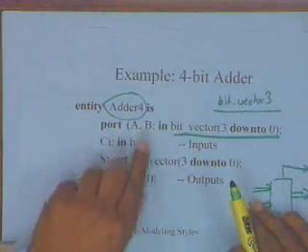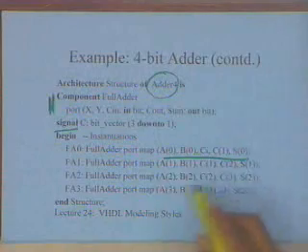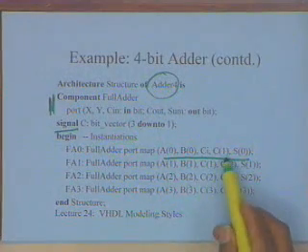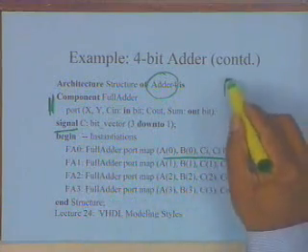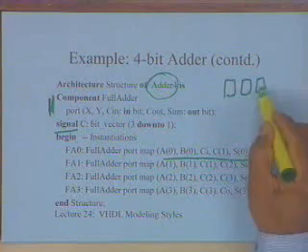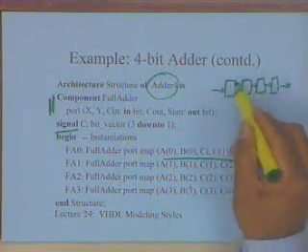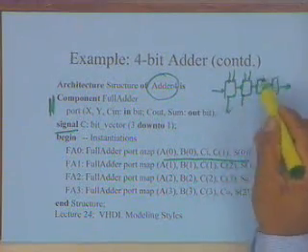A and B were declared as input ports, so A0 and B0 come from there. CI was also an input port, which is the carry in. C1 comes from this. So it's a structure like this.